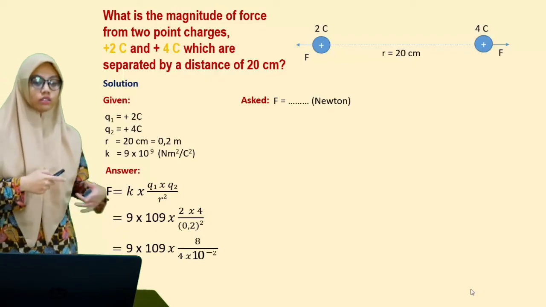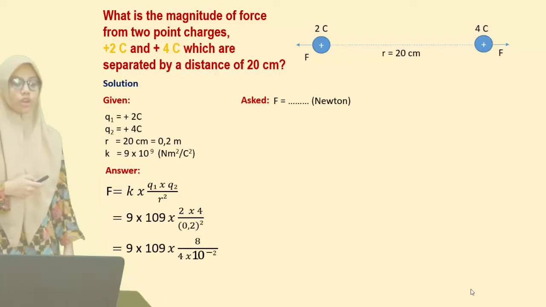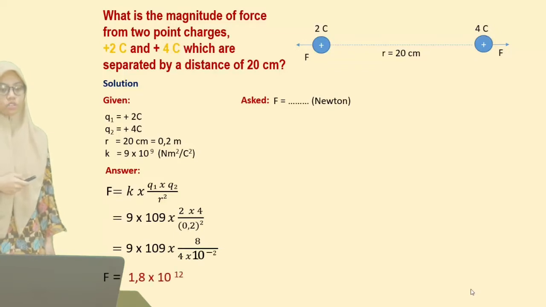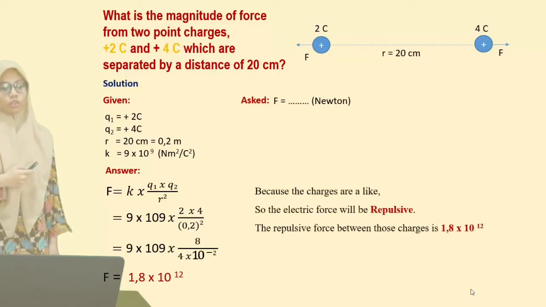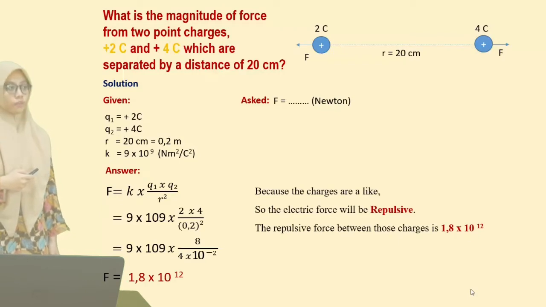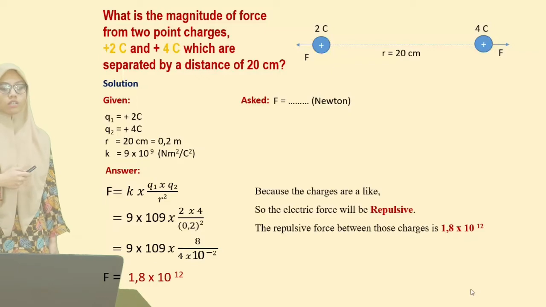Then we multiply 2 with 4, become 8, and then 0.2 squared equals 4 cross 10 to the power of minus 2. So we get F is 1.8 cross 10 to the power of 11. Because the charges are alike, the electric force will be repulsive. The repulsive force between those charges is 1.8 cross 10 to the power of 11.